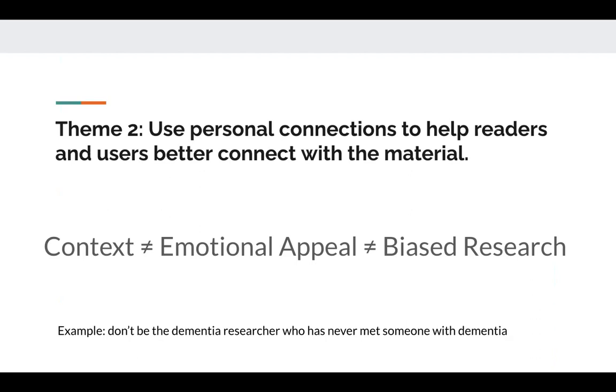For example, a couple of years ago, I was working with someone who was a dementia researcher, but he had never met someone who had dementia. That's a pretty weird concept to me. But it's important to be aware of what you're doing and understand that the way we present our data does oftentimes have impact on the way people think about themselves and how they relate to others.